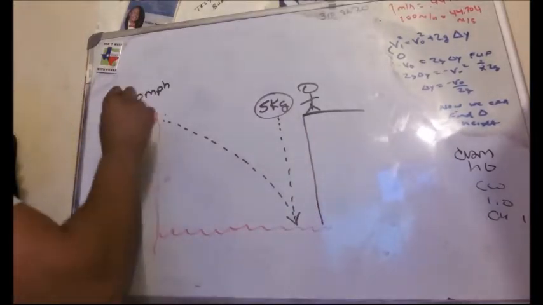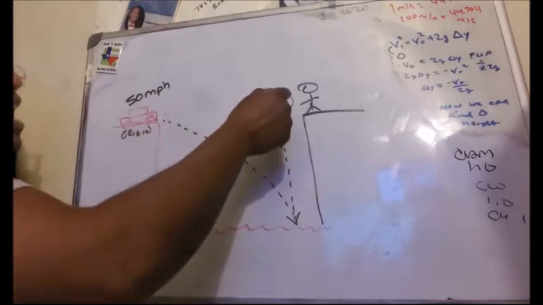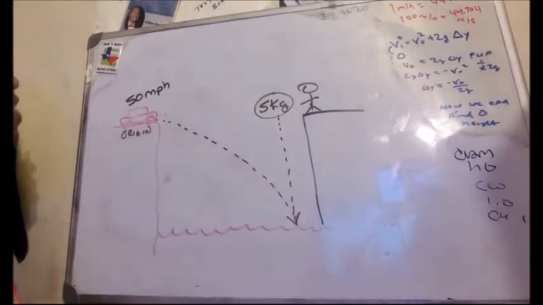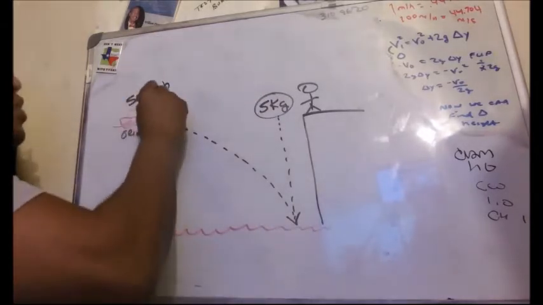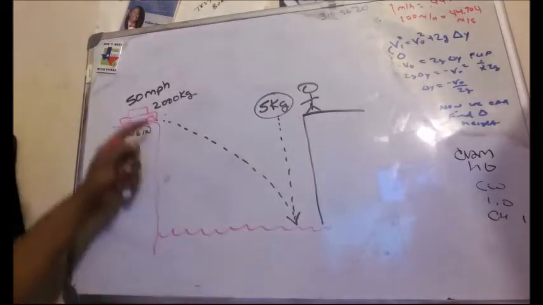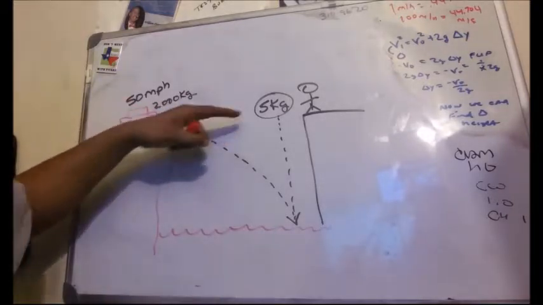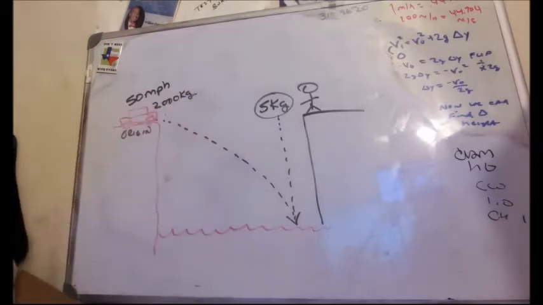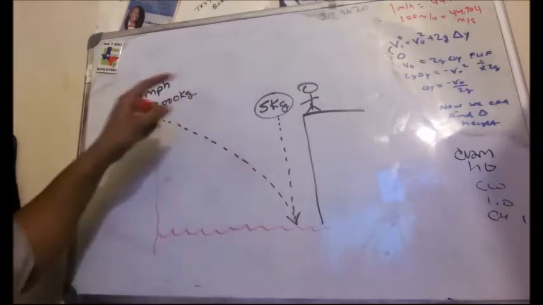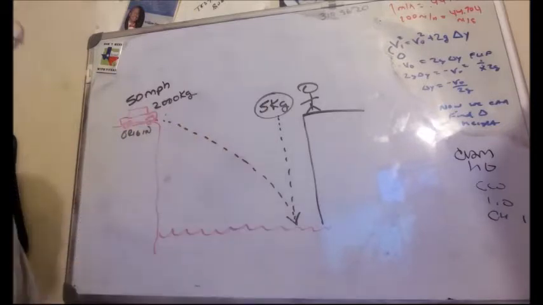This guy's driving at 50 miles an hour, and me, I'm releasing an object of 5 kilograms. Let's say this is a 2,000 kilogram car. At the time this vehicle leaves the cliff, I release the ball at the same time. Is the 2,000 kilogram object gonna hit before the 5 kilogram object?